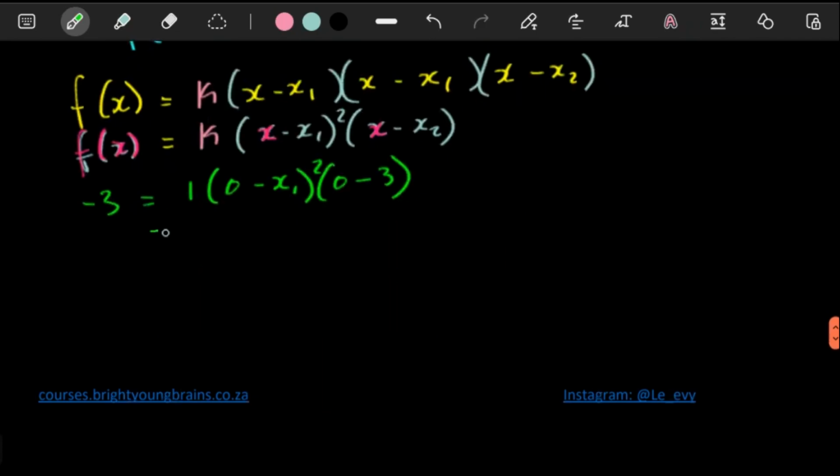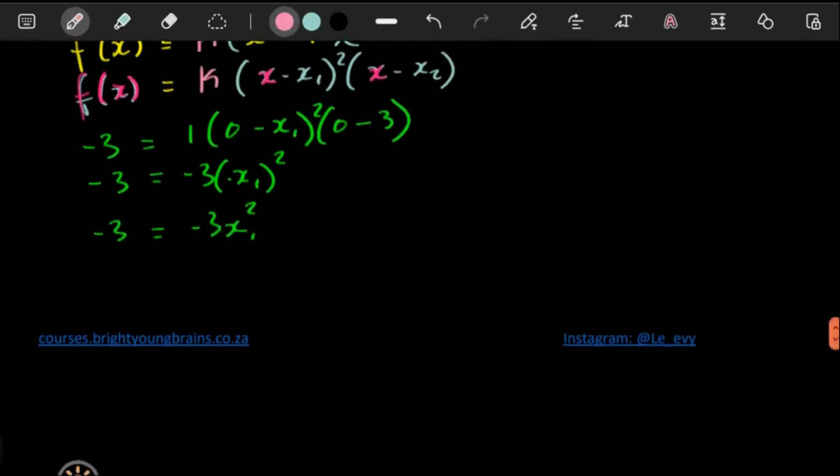Okay, looking nice. So here we're going to have -3 times 1, which is going to be -3 here, negative x there squared. So this squared is going to come out as a positive, right? And then you're going to divide by -3 on both sides. So divide by -3, going to have a 1.